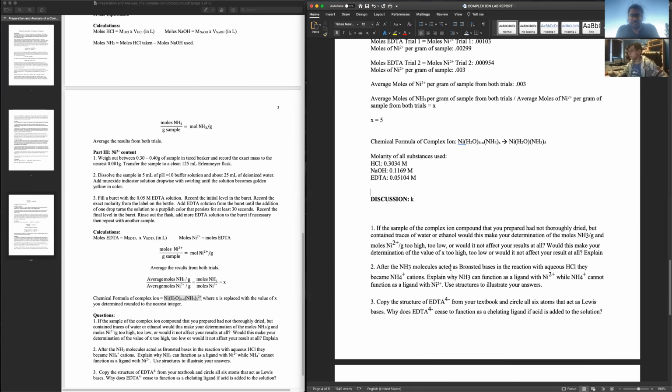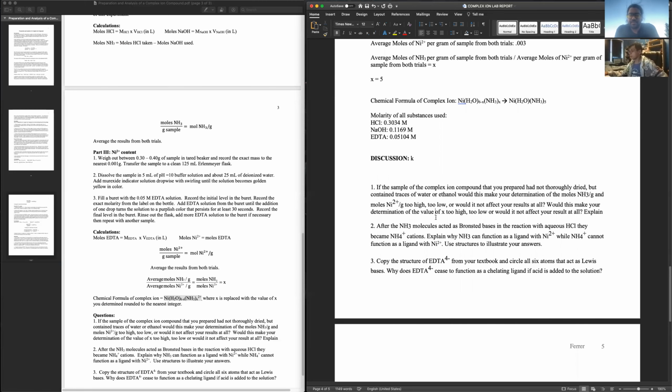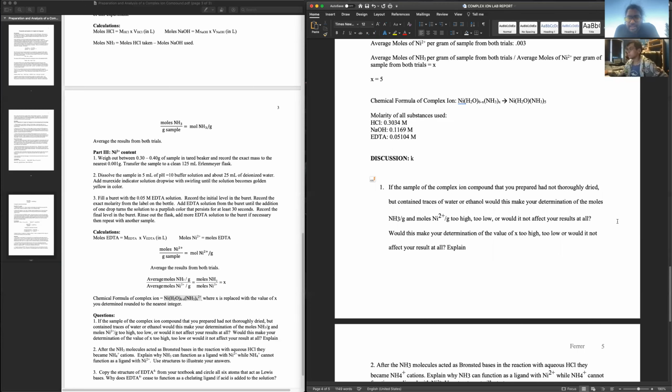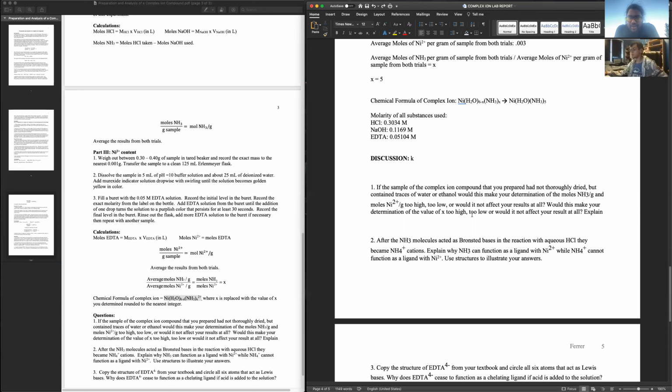Okay, so now I guess for these discussion questions. See, if the sample of the complex ion that you prepared had not thoroughly dried, but contained traces of water or ethanol, would this make your determination of the moles per gram of ammonia and moles per gram of nickel too high, too low, or would it not affect your results at all?